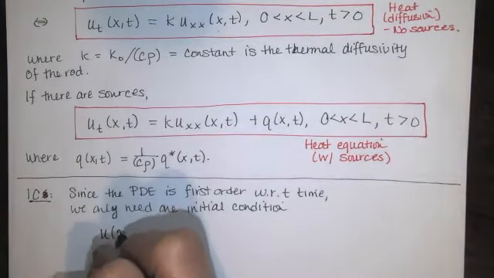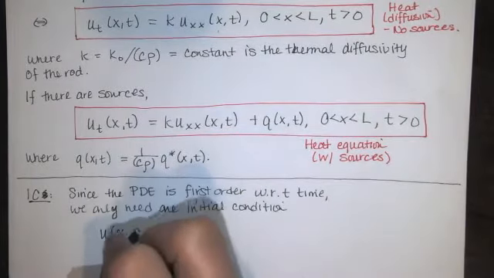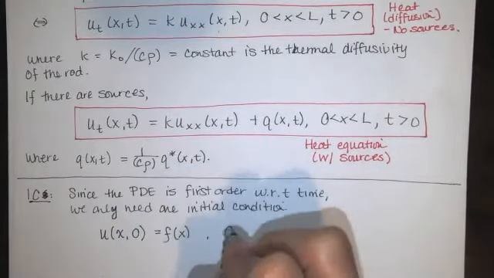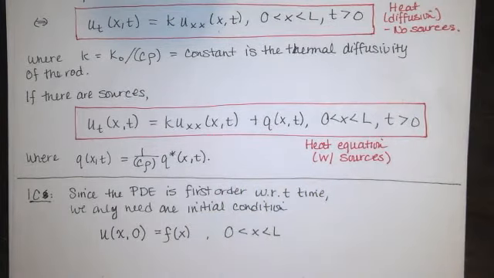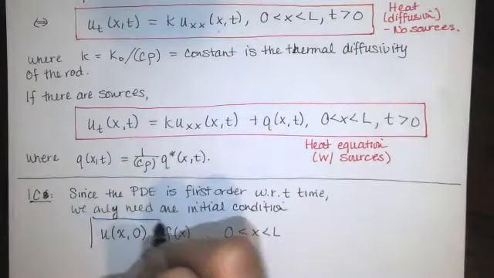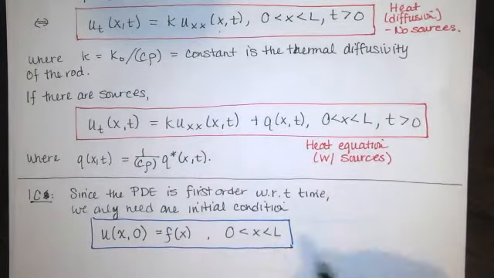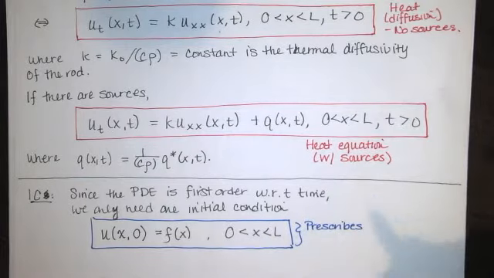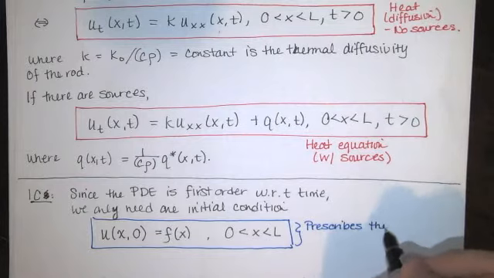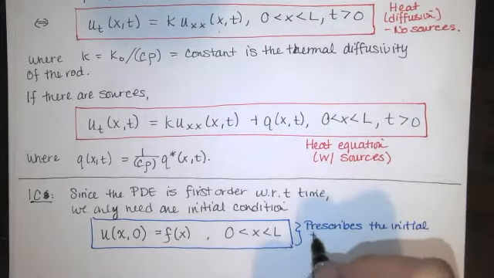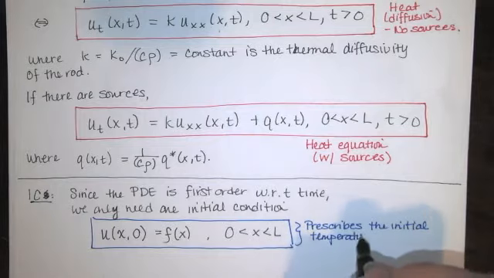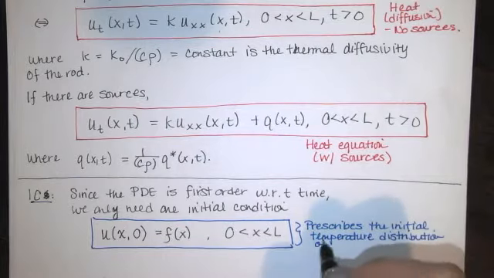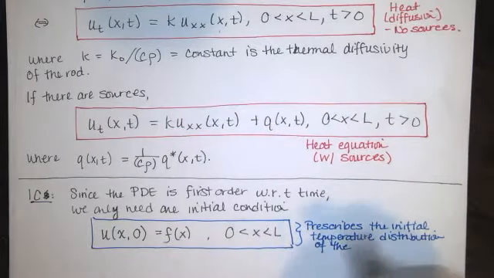So we'd have the temperature as a function of x at time t equals 0 given by some specified function of x for x between 0 and L. This is giving us the initial temperature of that rod, or we might say the initial temperature distribution, because the whole thing is not one temperature.